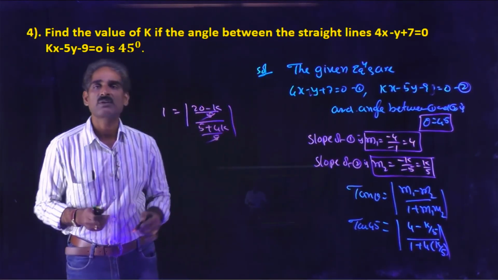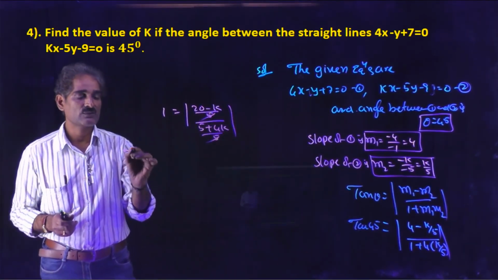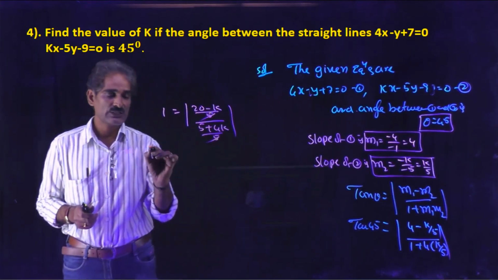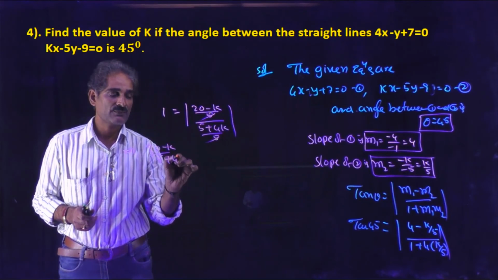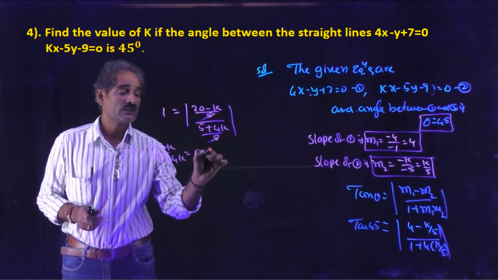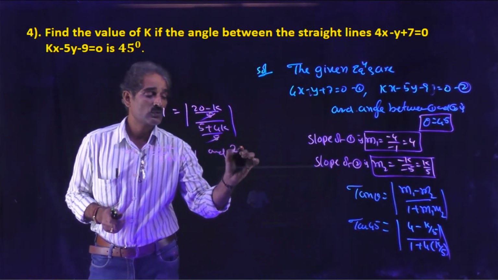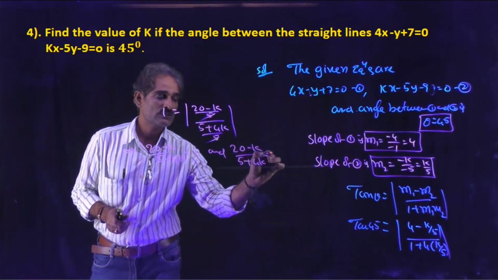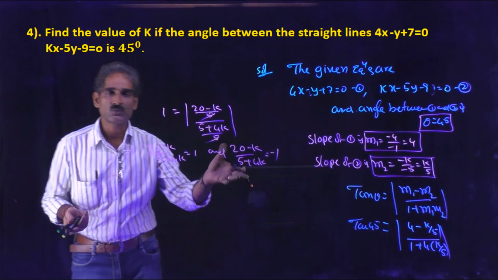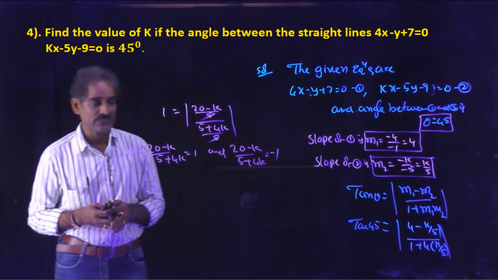So 5 will get cancelled. From this we will get two cases. One is 20 minus k by 5 plus 4k is equal to 1, and the other is 20 minus k by 5 plus 4k is equal to minus 1. From the two cases we will get two values for k.